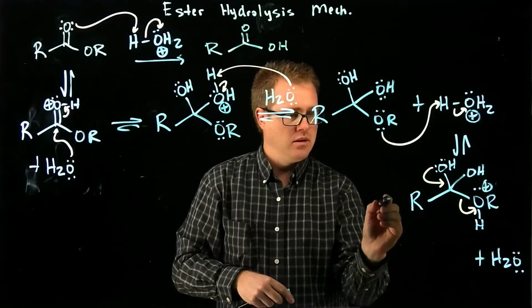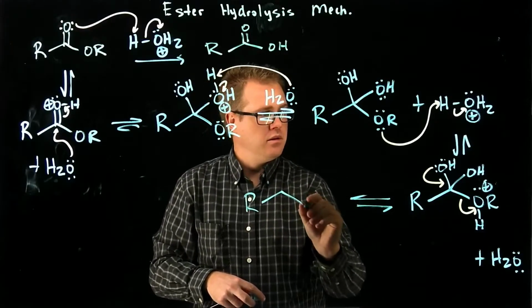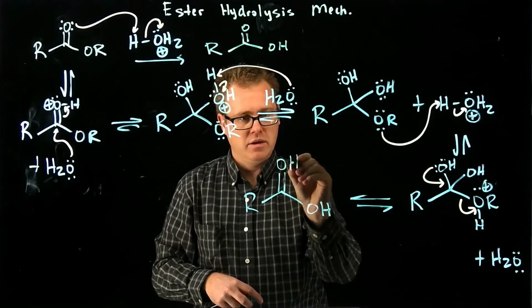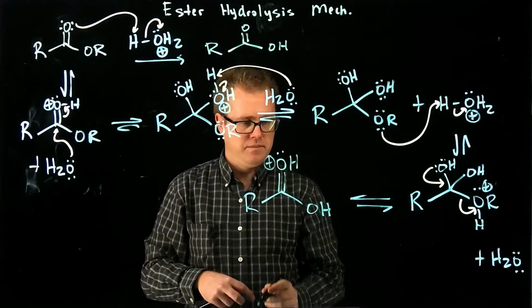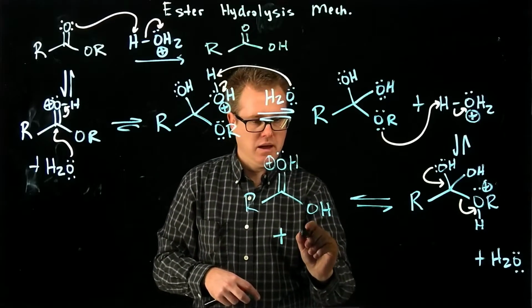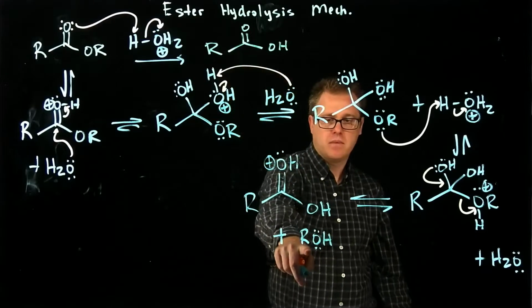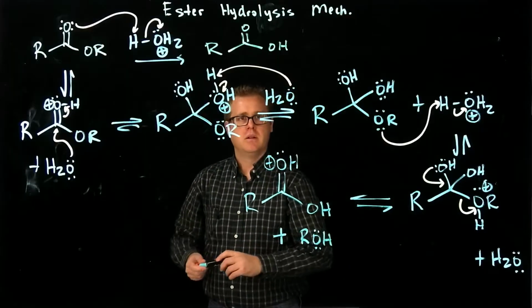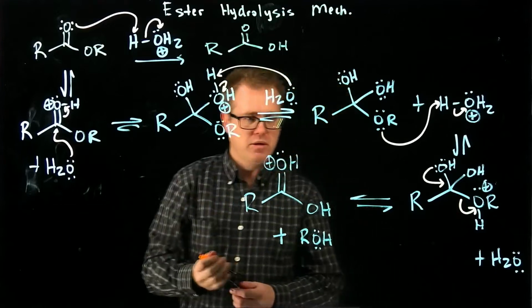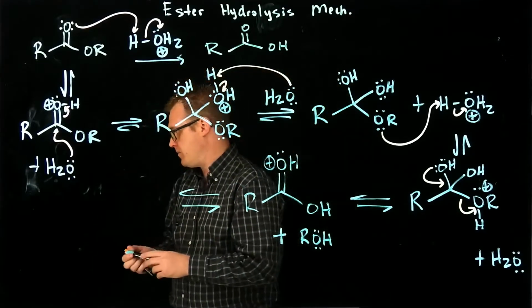So now we are what? We have an OH, a double bond OH, plus the ROH. So now we have our alcohol. So are we there yet? No. We have one more proton transfer step left that we need to do.